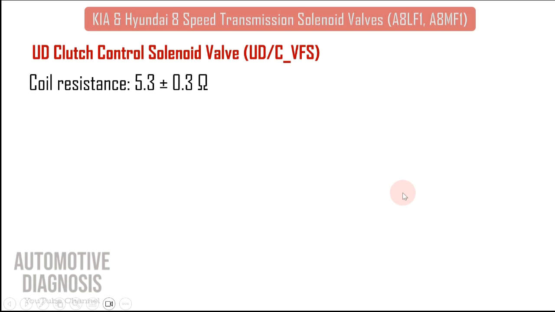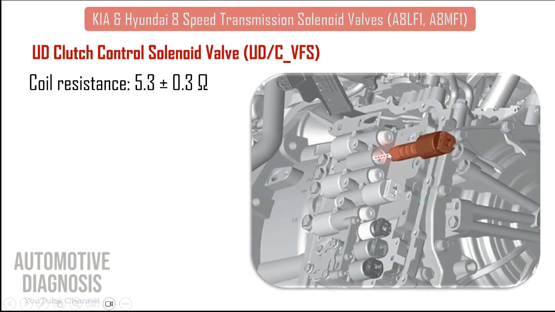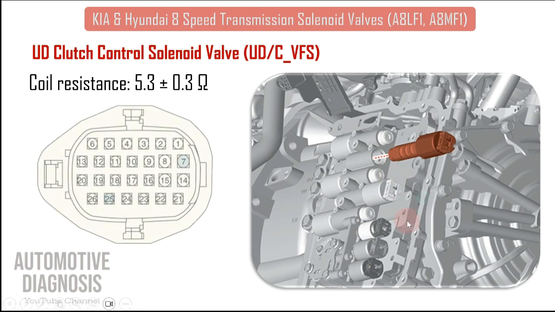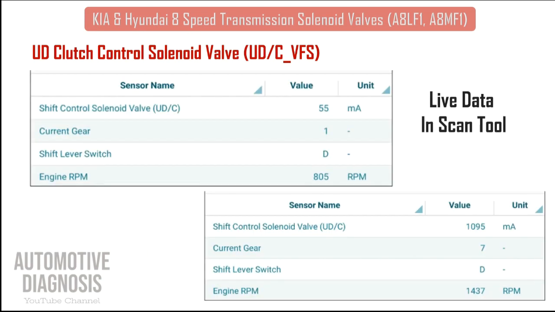The location on the valve body for this one is just right here. This is the underdrive clutch control solenoid valve. For checking the resistance, this time we need to check between pin number 7 and 25 on the transmission connector. And this time when we check the live data, we know that the UD clutch is working on gear number 1.